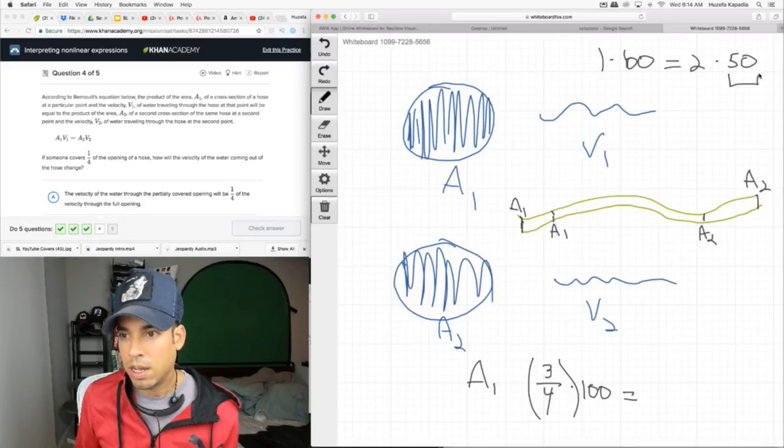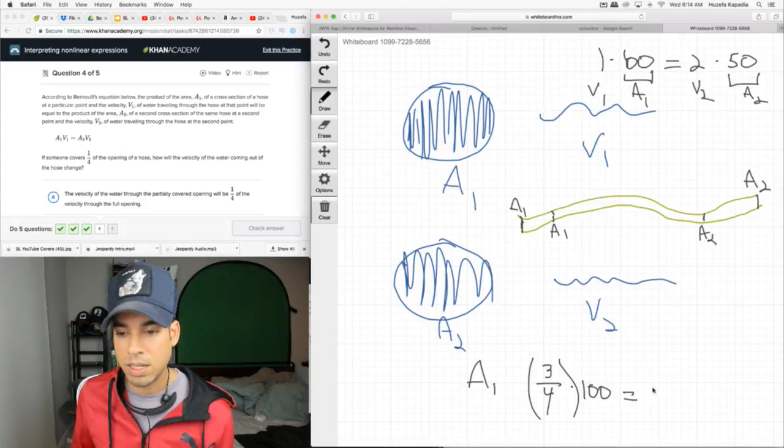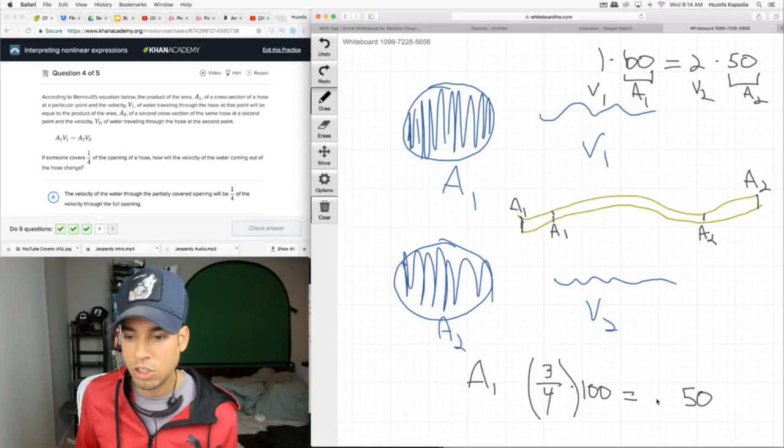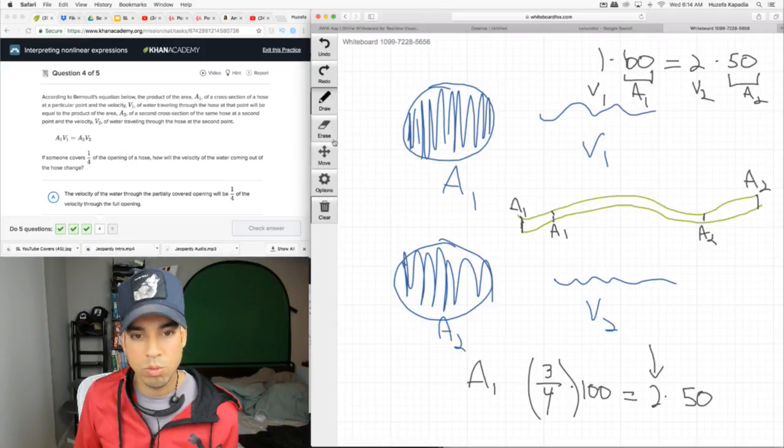So this is my A1, this is my A2, this is V1 and V2. Now I'm taking 1/4 away, but these two still have to be equal to each other. And I'm not changing my area in the back. They're already saying that the area's not changing, so obviously the velocity has to change. In order for this to be true, what does this value have to become? It was 2, but 2 won't work. So it's basically what times 50 is going to give you whatever this is, and this is going to be 75.